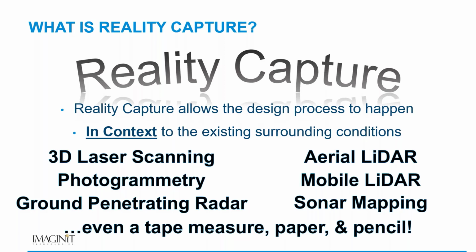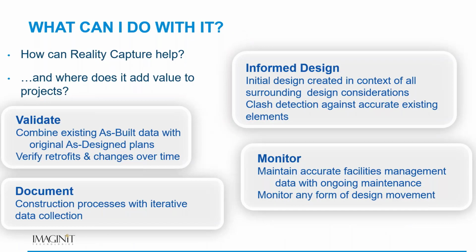And one thing that not a lot of people really associate with reality capture, but tape measure, pencil, paper, me going out pulling a tape measure, that's actually reality capture. So there are all flavors of reality capture that we are going to utilize to assist us in creating a digital twin. Now, what can I do with it?